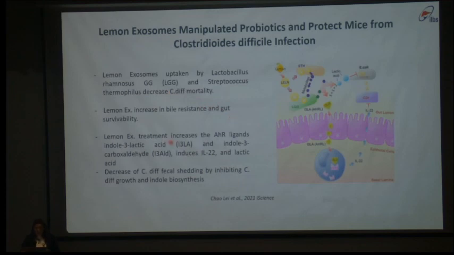When they did the metabolomics, they found that indole-3-lactic acid was involved, which was inducing IL-22 production, and lactic acid. So it decreased the C. diff fecal shedding by inhibiting the growth and indole biosynthesis.